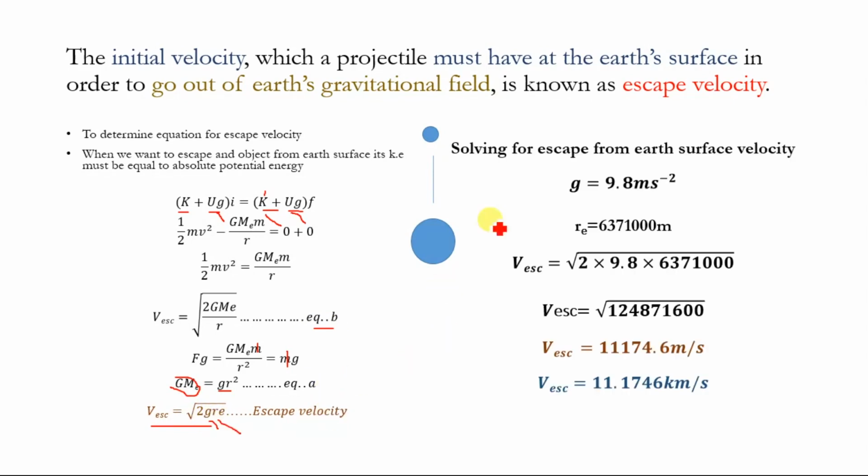Now, solving this equation for escape velocity of Earth, we know the gravitational acceleration, or g, of Earth is 9.8 meters per second squared, where the radius of Earth is 6,371,000 meters.